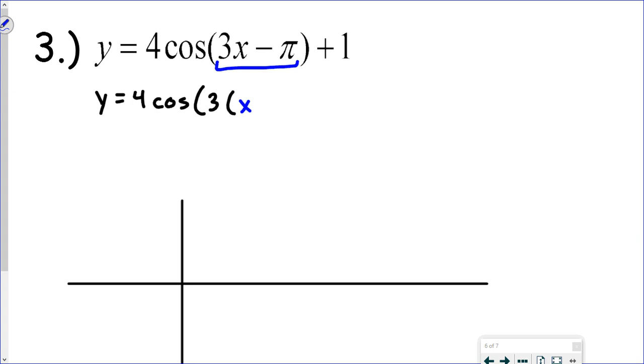So I took the 3 out of here, and then I am taking the 3 out of pi, which means dividing by 3, so I have that pi over 3. Okay, so think about distributive property backwards. If you were to work backwards and distribute, you're going to get 3x, and then 3 times negative pi over 3 is negative pi.